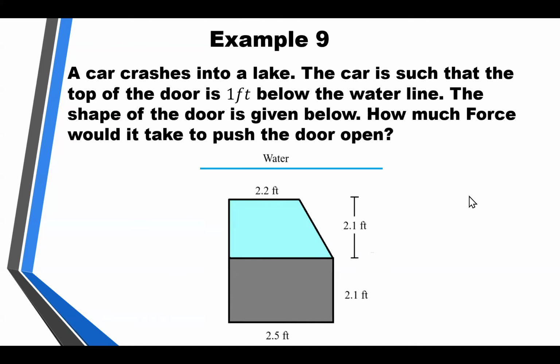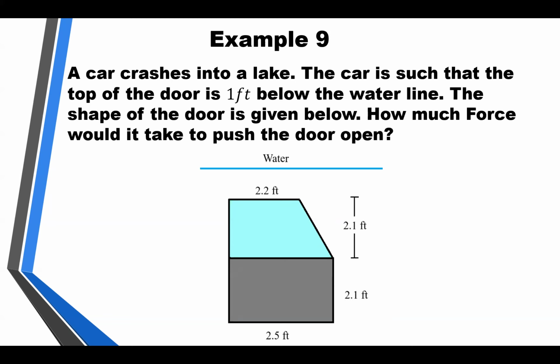Let's do one more example. And this one is going to be one where a car crashes into a lake. And we're trying to open up a door on this car.